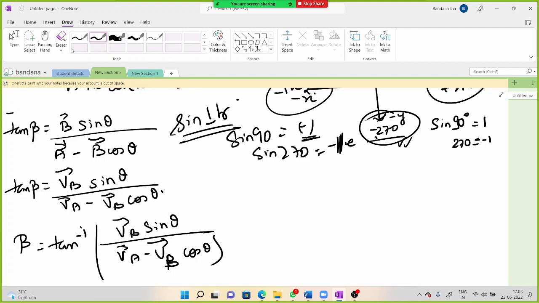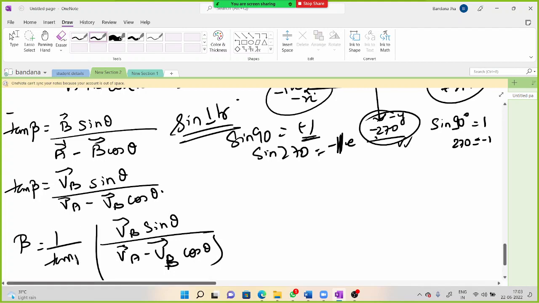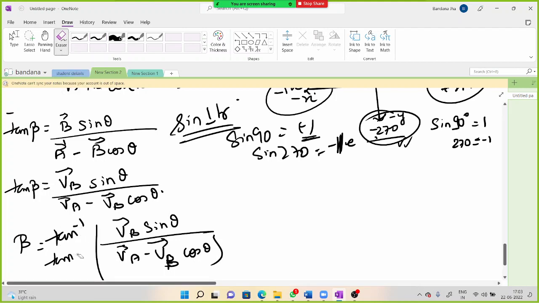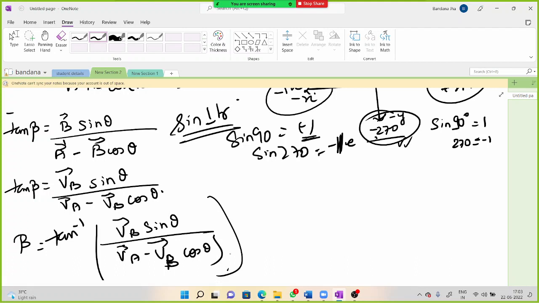Okay, divided, come this side. 1 divided by tan beta, so the divided will go up. Sorry, not tan beta. So it will become tan inverse. Tan minus 1. Clear? So this much will be your theory part.